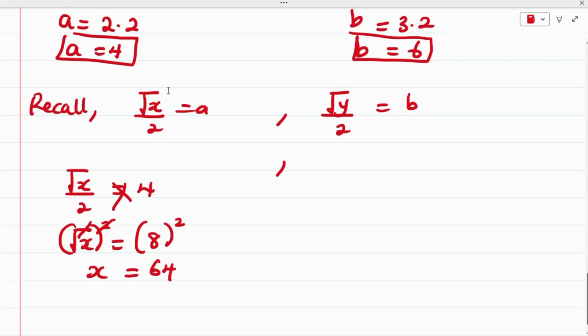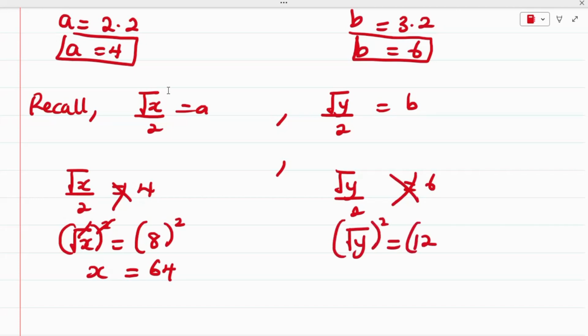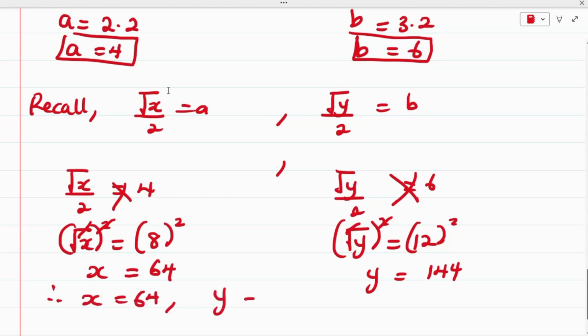Then for y, we have that the root of y over 2 is equal to 6. Cross multiply, this becomes the root of y is equal to 6 times 2, which is 12. Square both sides, and y is equal to 12 squared, which is 144. So therefore we have that x is equal to 64 and y is equal to 144. So we have been able to find the values of x and y.